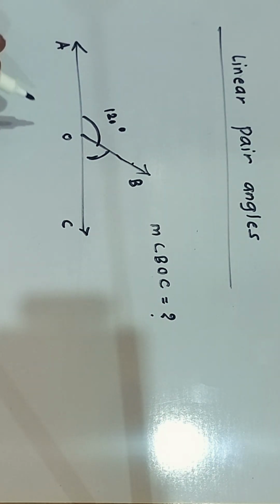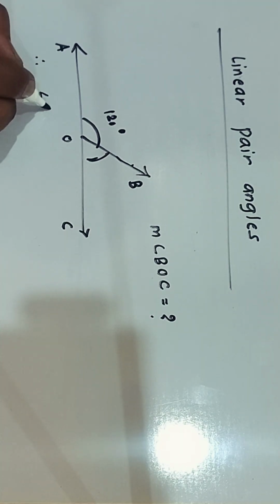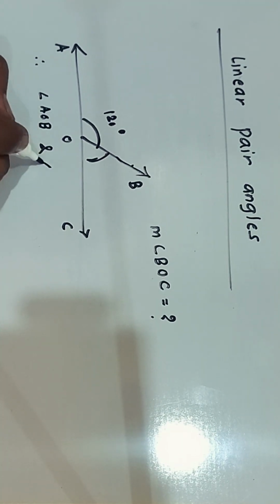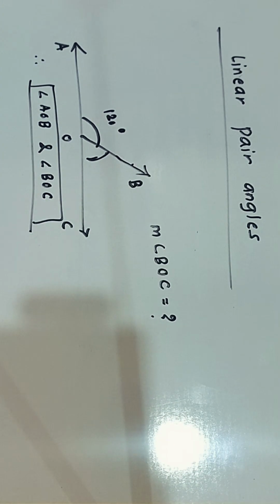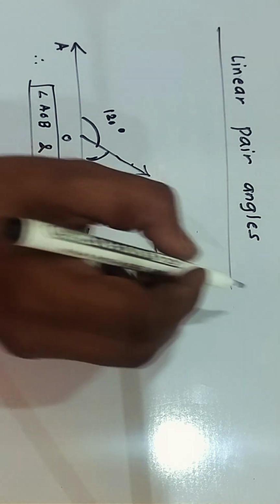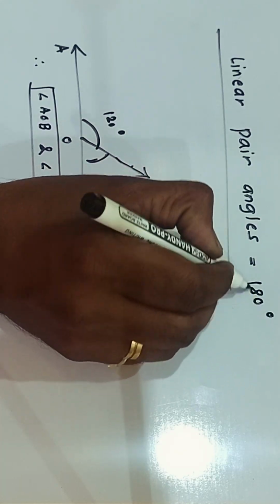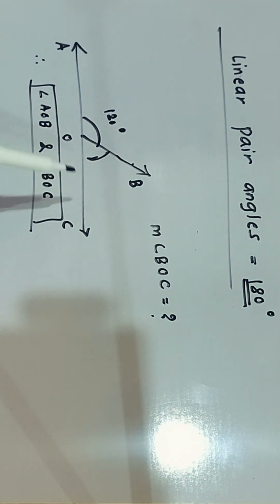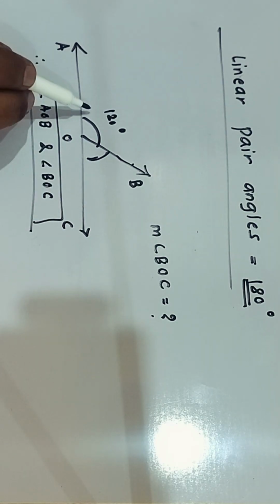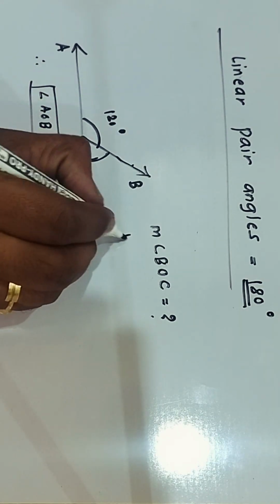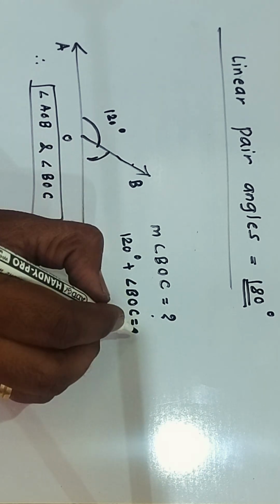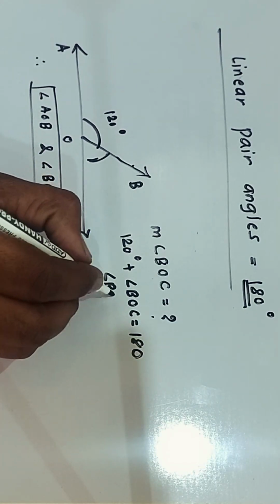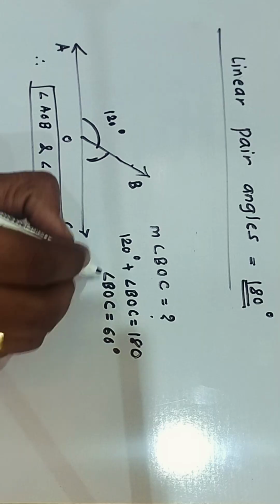So from this figure we can say angle AOB and angle BOC are linear pair angles, and there is a property: the sum of linear pair angles is always 180. So measure of angle AOB 120 plus angle BOC is equal to 180 degrees, that is angle BOC is equal to 60 degrees.